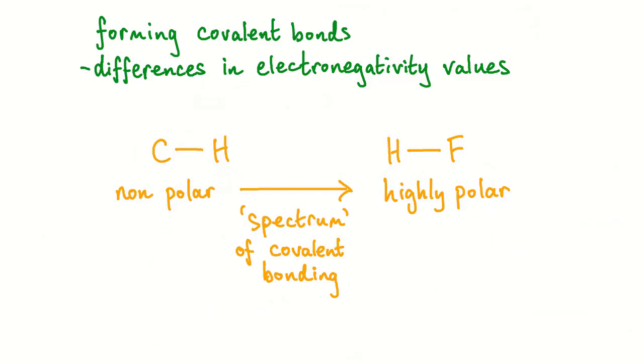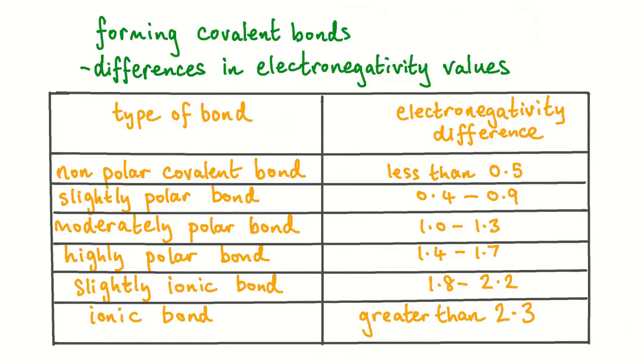Using electronegativity value differences, covalent bonds can be considered to lie on a spectrum from non-polar, perfect sharing, to highly polar, very uneven sharing, and in fact almost ionic. The differences in electronegativity values are summed up in this table, with descriptions for the type of bond expected.